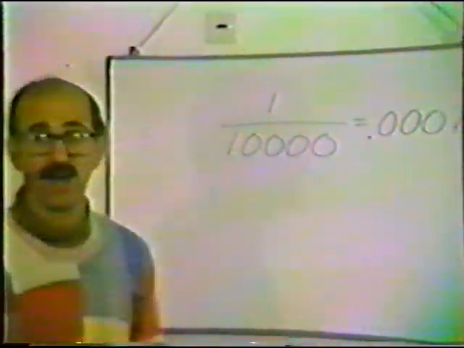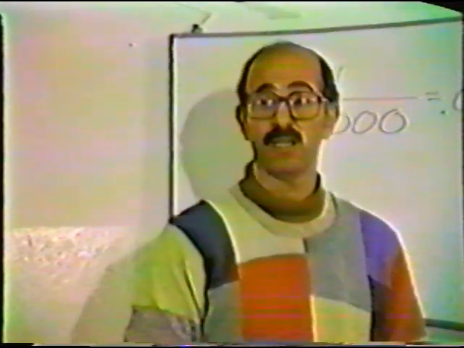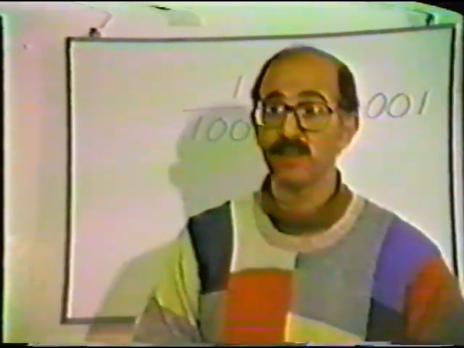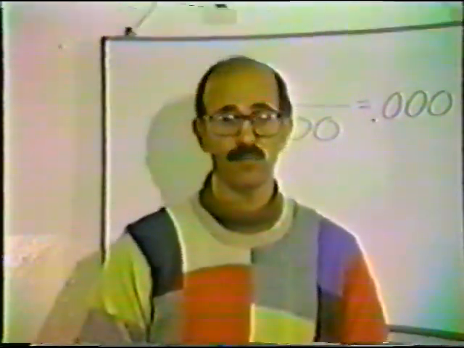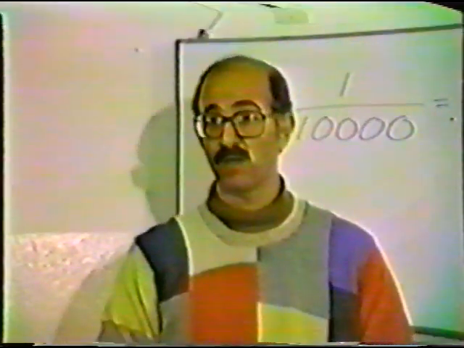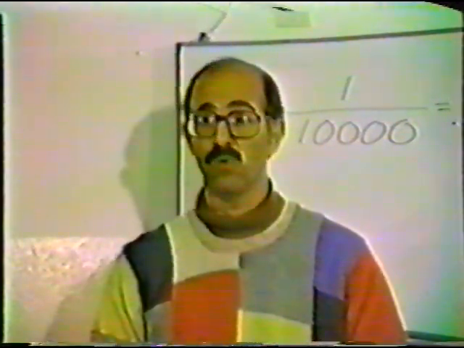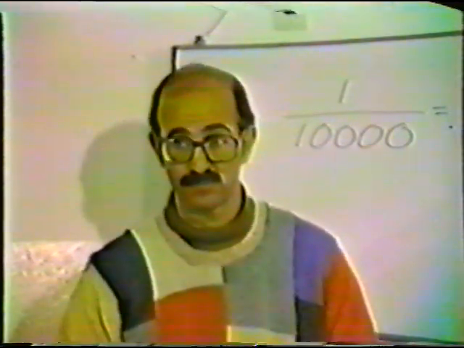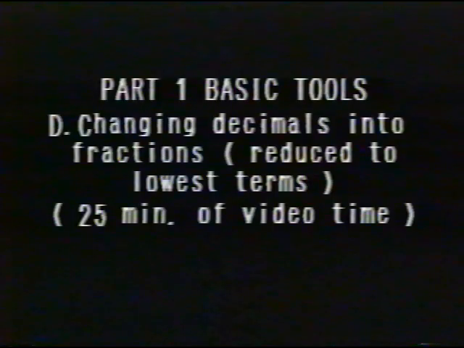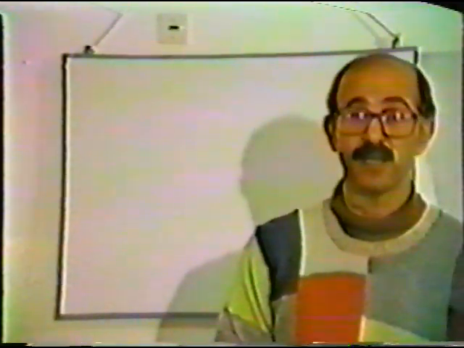And we've learned how to change a fraction into a decimal when that fraction has a bottom number of 10, 100, 1,000, or 10,000. Now we're going to change a decimal into a fraction.